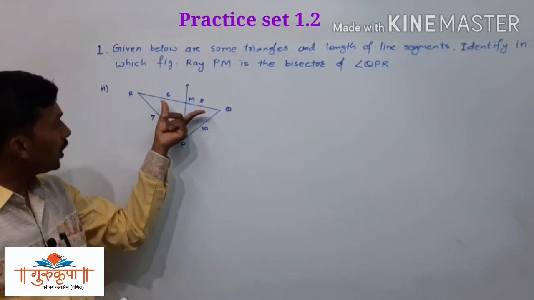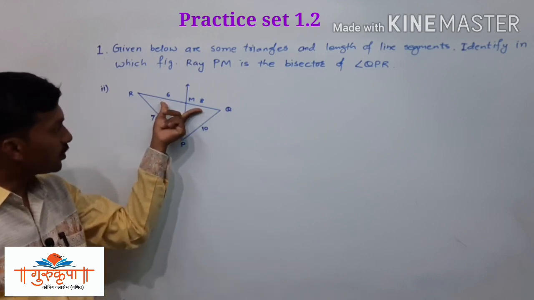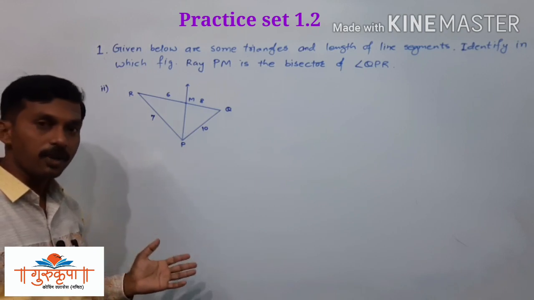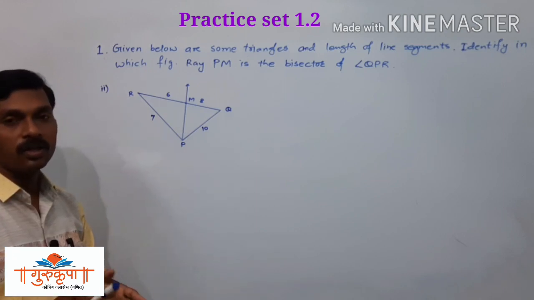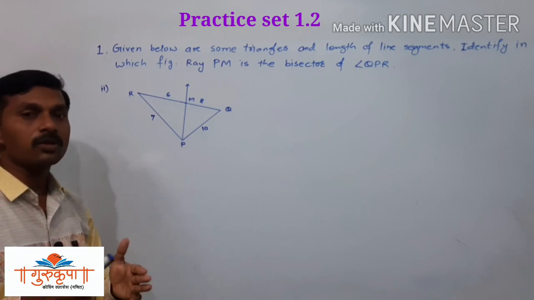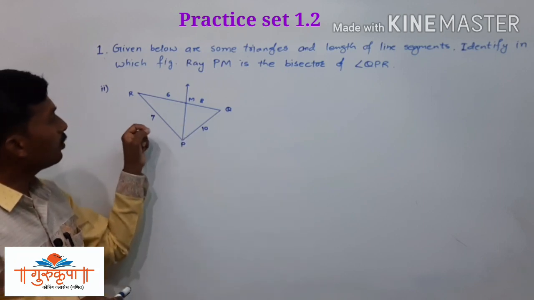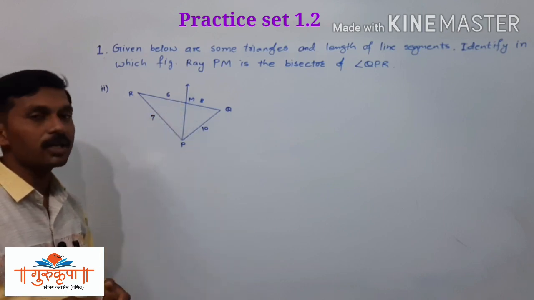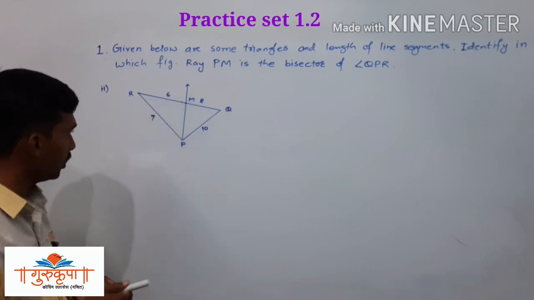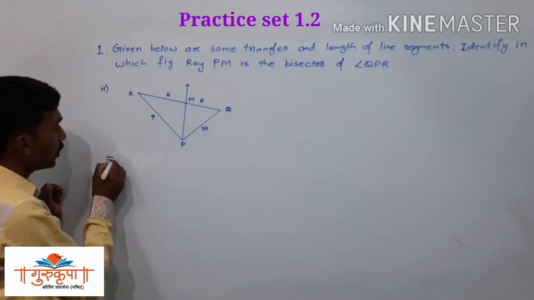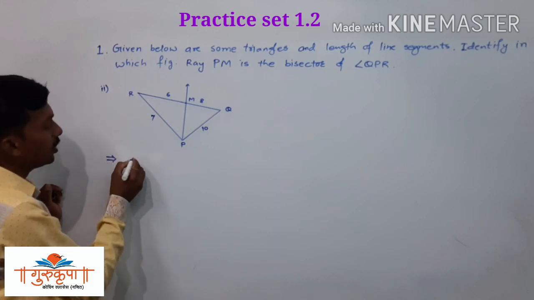Now we have to find the ratio of these two segments first, and then the ratio of the remaining two sides, and if these two ratios are equal, then by using the converse of the angle bisector property, we are able to say that PM is the bisector of angle QPR. So first of all we will write the information which we have available here.